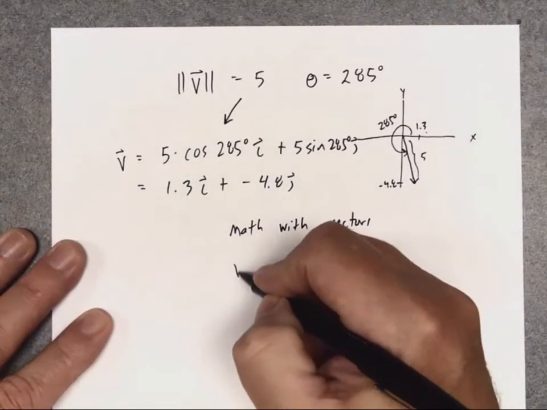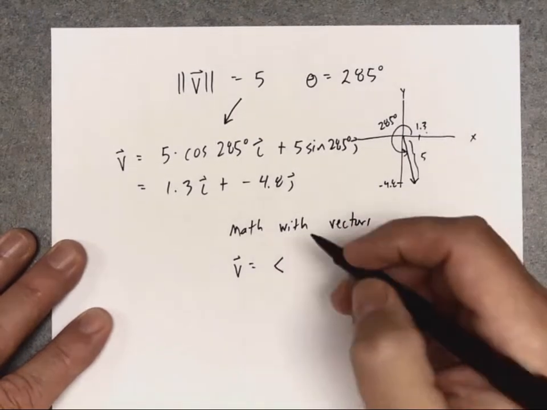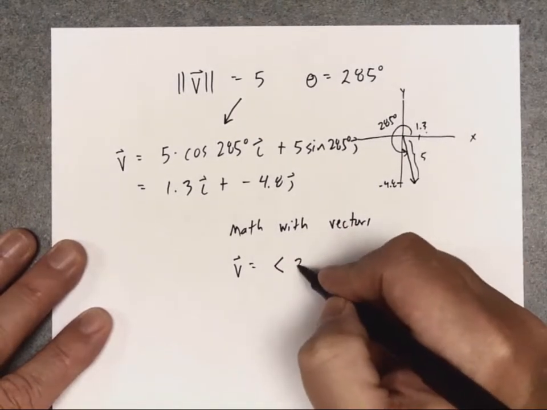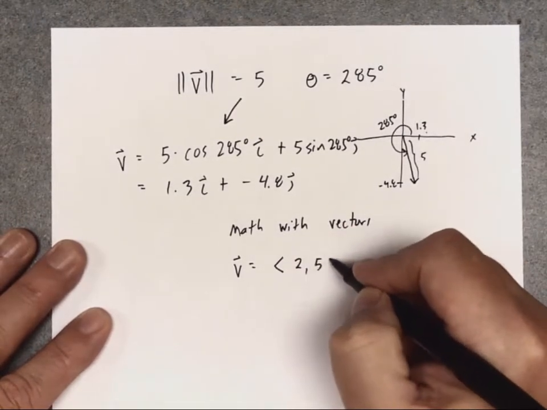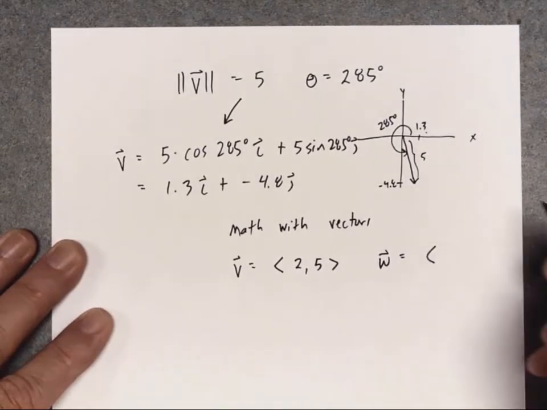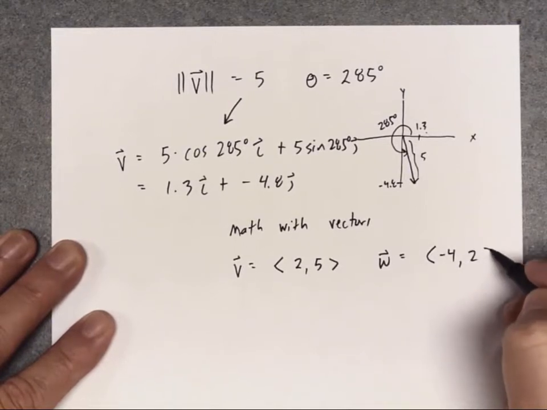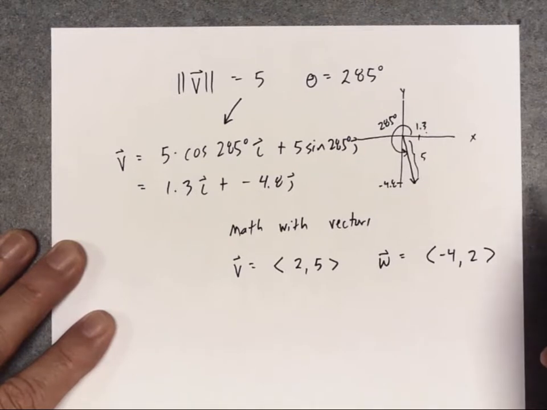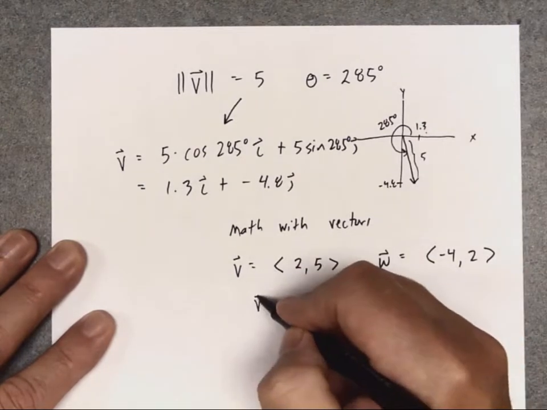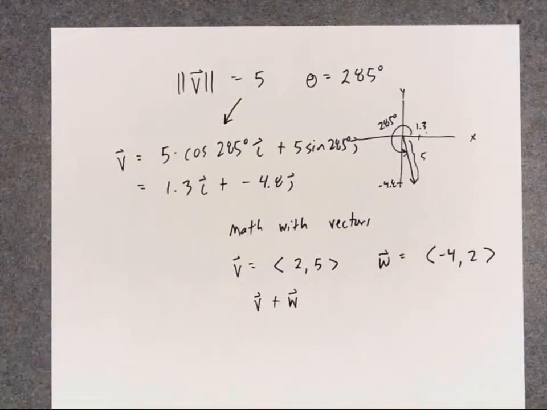If we're given vector v, let me go way back and use the original form of the vector, which is <2, 5>, and vector w is <-4, 2>, what happens if we would add those vectors together?